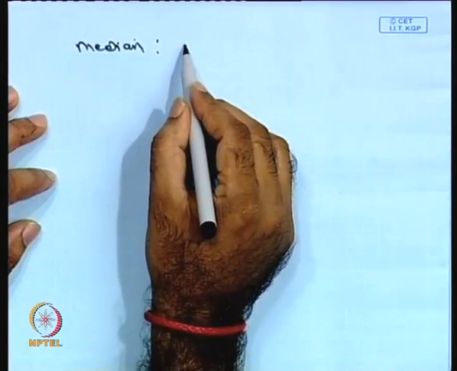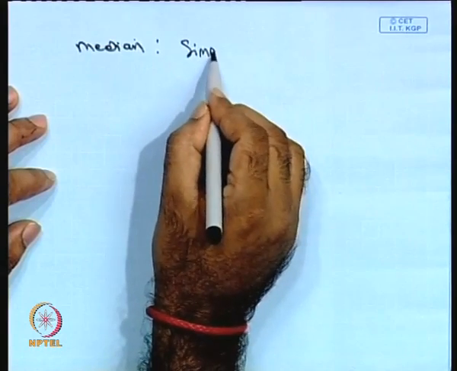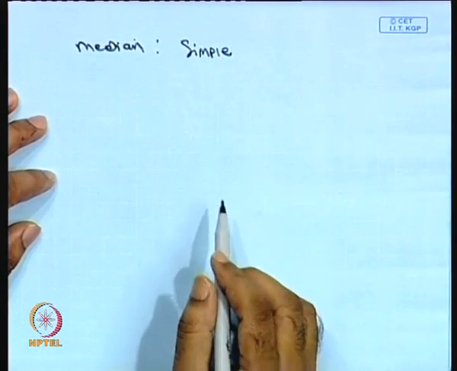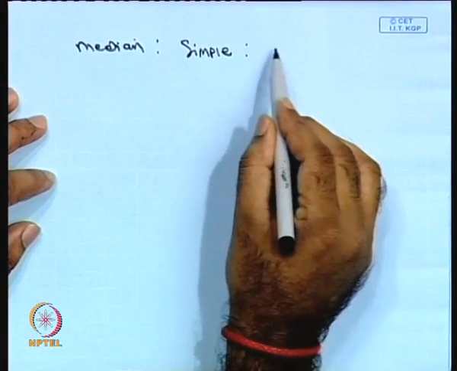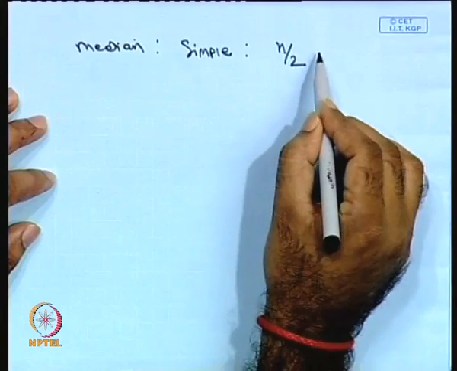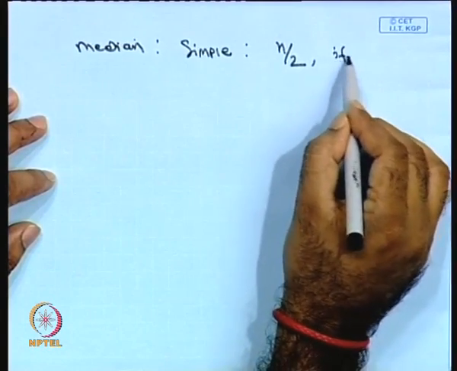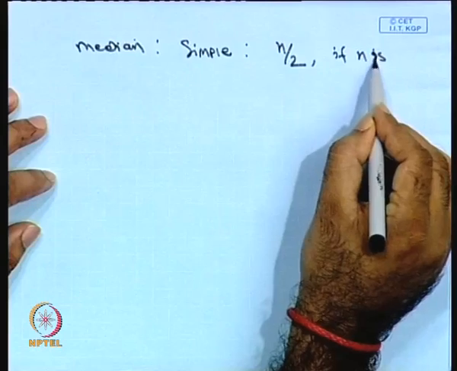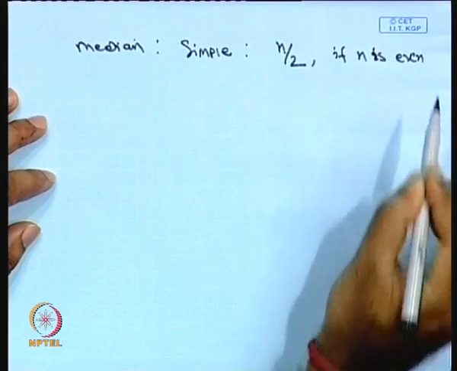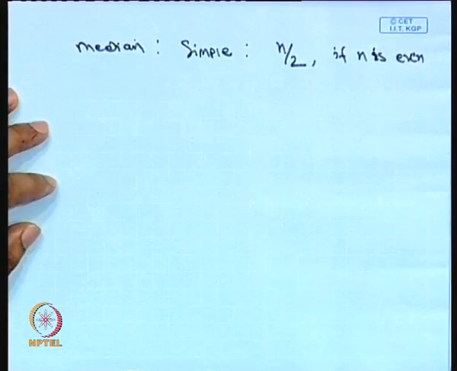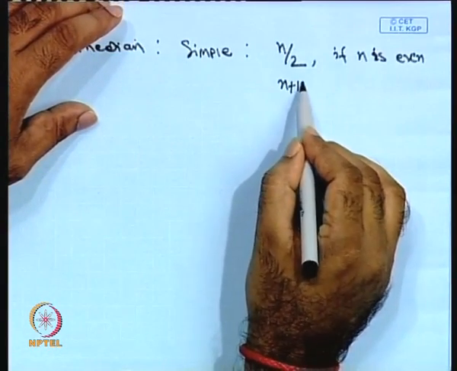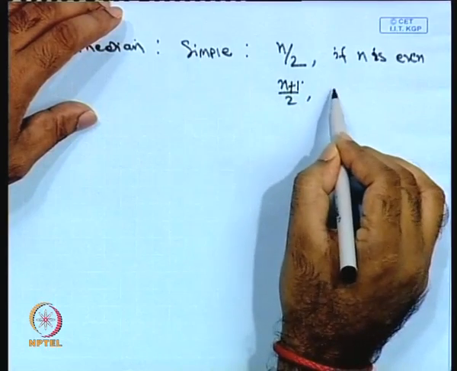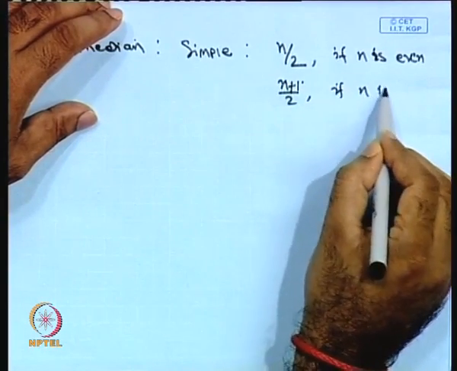So, median can be calculated in a simple structure. Under simple structures, the framework is like this: n by 2 if n is even, where n represents the number of observations in the setup. Okay. Then (n plus 1) by 2 if n is odd.